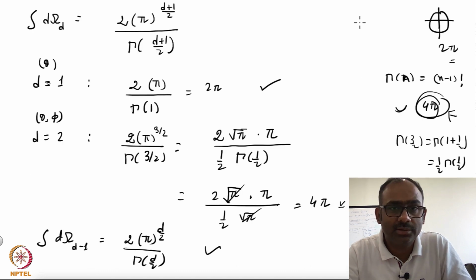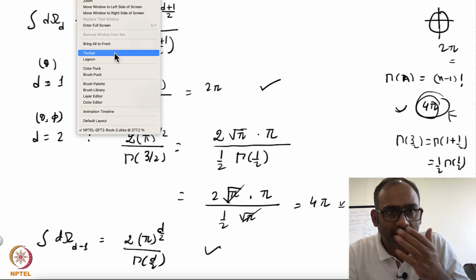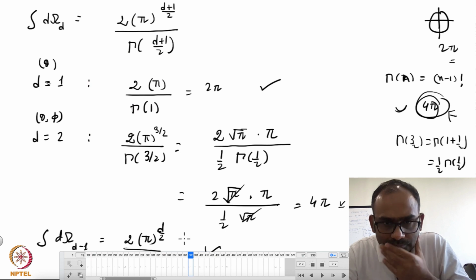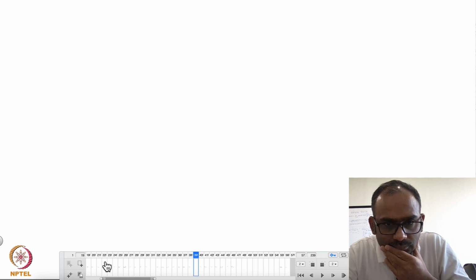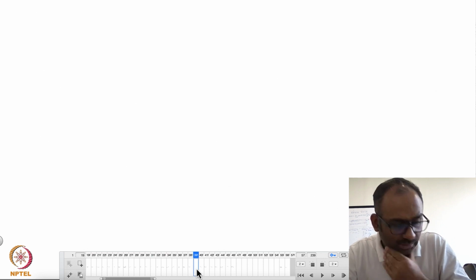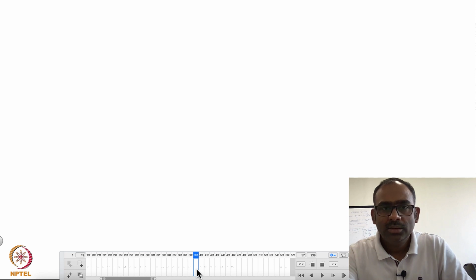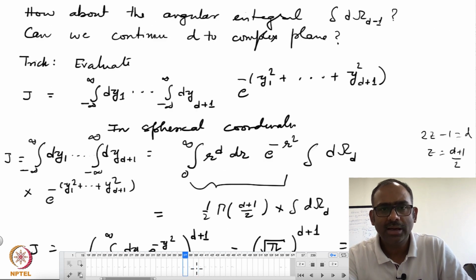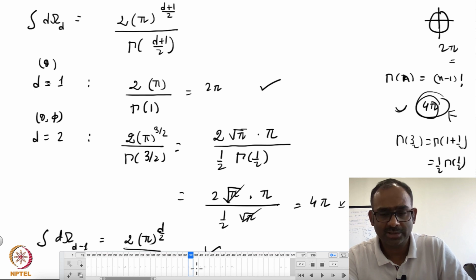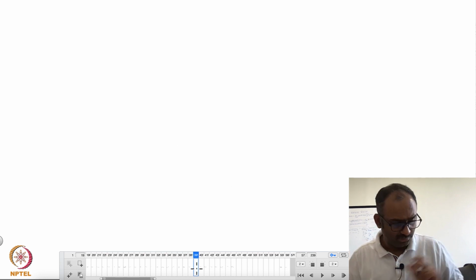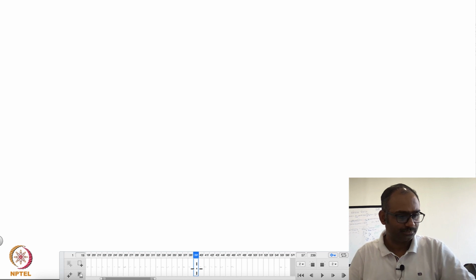Here, after this, I will add a slide. Here we had looked at the volume integral and we found an explicit expression, but I will also tell you how to parameterize.